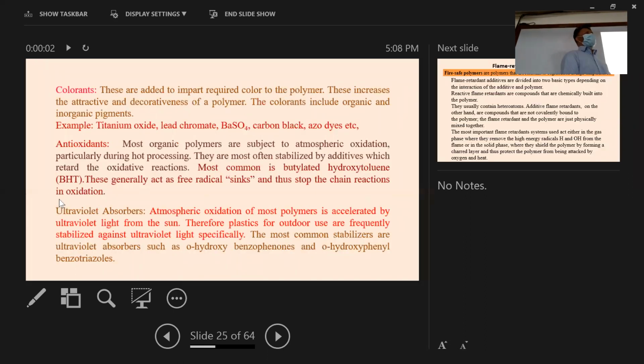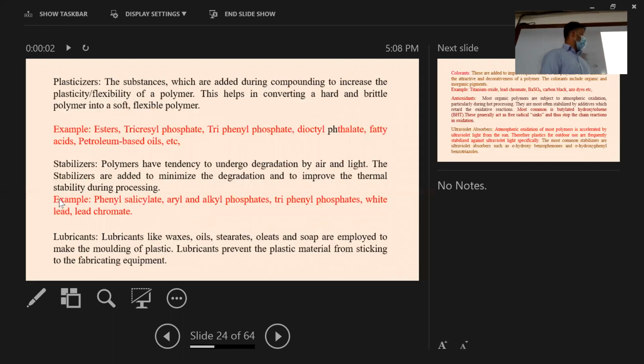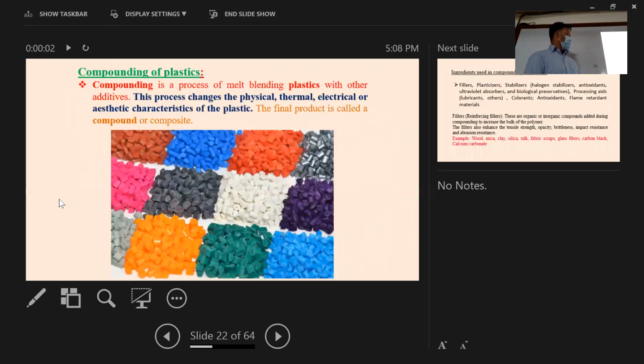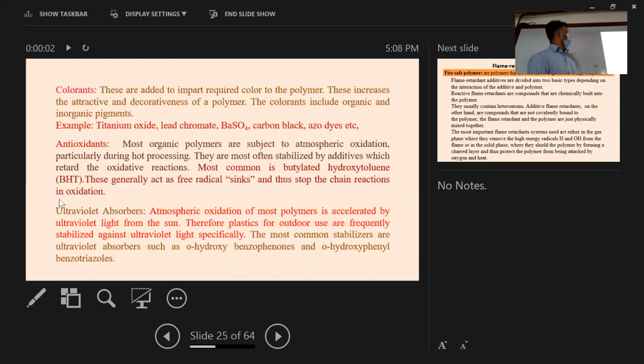Then, if you want to make different colors, you can add different types of coloring agents. These are added to impart the required color to the polymer. We have different types; you have a red pen and another pen, different types. Sometimes we have green, white, or whatever.